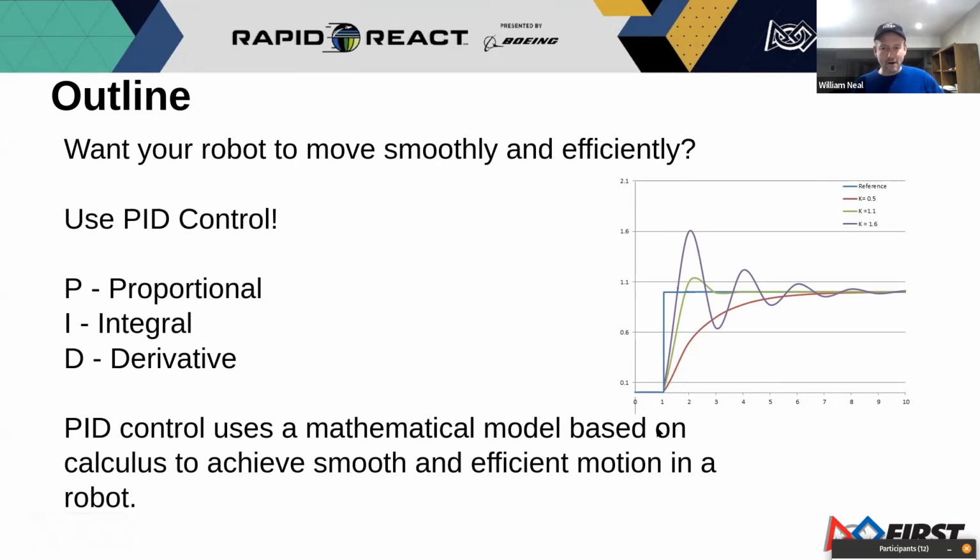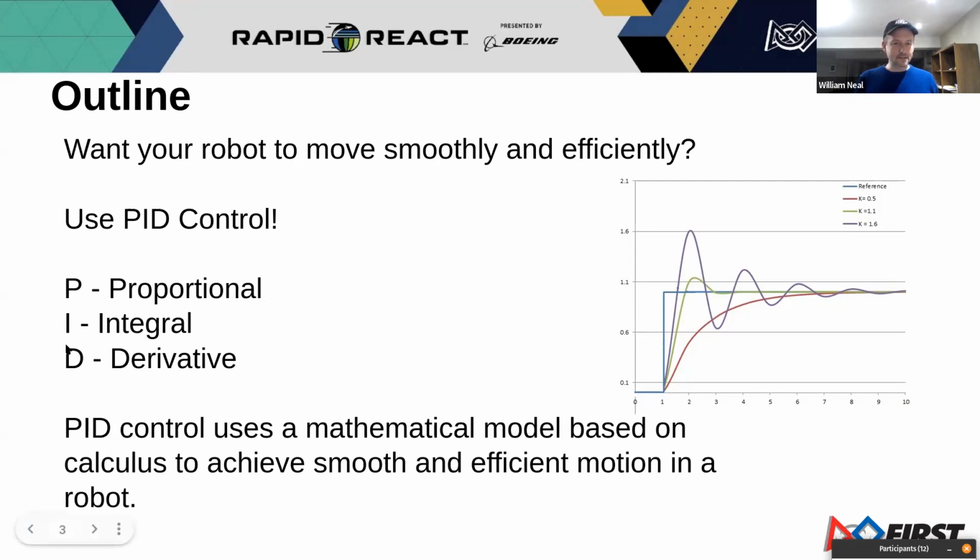So if we're far away from our desired measure, we have a lot of power going on. But as the error decreases, then we reduce the power linearly or otherwise to make the actuator start to slow down and more smoothly attain its final desired measurement.